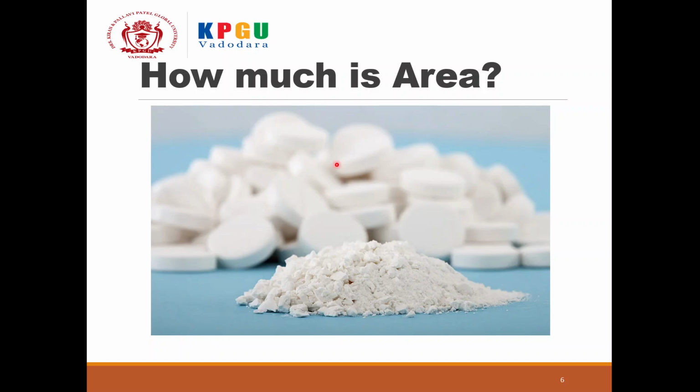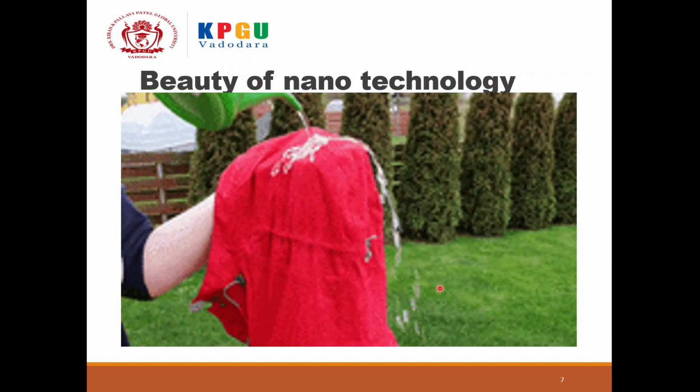When a tablet goes inside the body, it will take some time to give a reaction. But as you break this tablet into powder form, surface area increases like anything. So when this goes inside the body, the reaction will be very fast. So since ancient times in India, nanotechnology was known to these people.